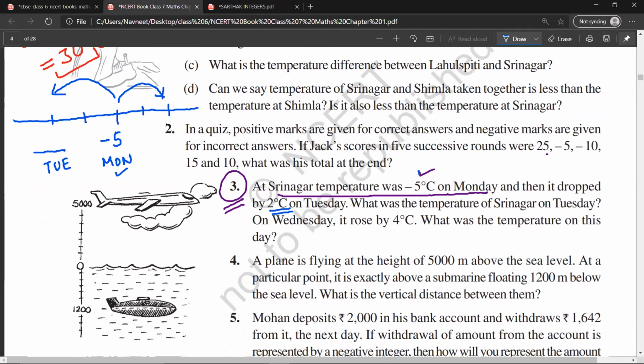Sarthak, what would be this temperature? -3. Then what will be this temperature? -7. Have you understood? Yes, sir.